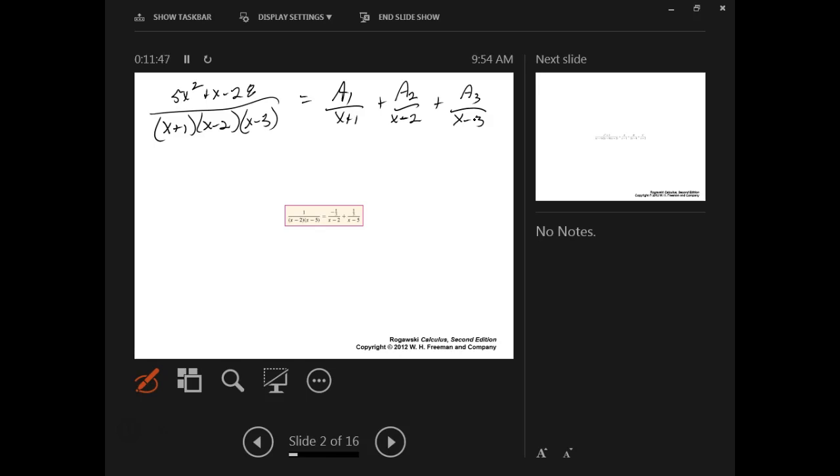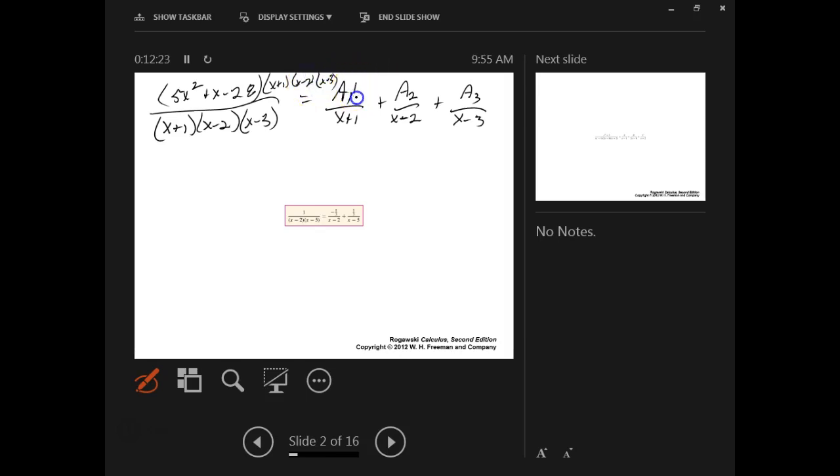Well, with an equation like this, how could you deal with getting rid of those denominators? Because this is an equation. Multiply both sides of the equation by the least common denominator, which is this big one over here. So let's multiply everything on both sides by x plus 1 times x minus 2 times x minus 3.